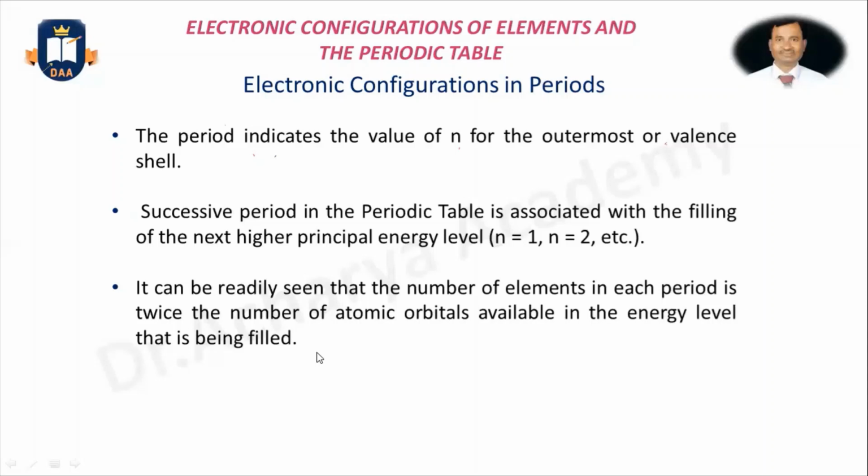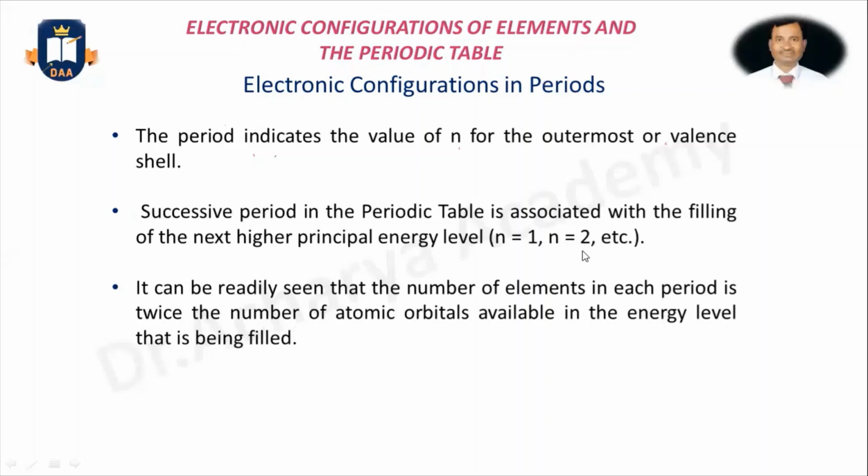That means when n is equal to 1, it is the first period. So the first period contains 1 multiplied by 2, that is 2 elements. And when you consider period 2, when the principal quantum number is 2, the number of atomic orbitals is 4.